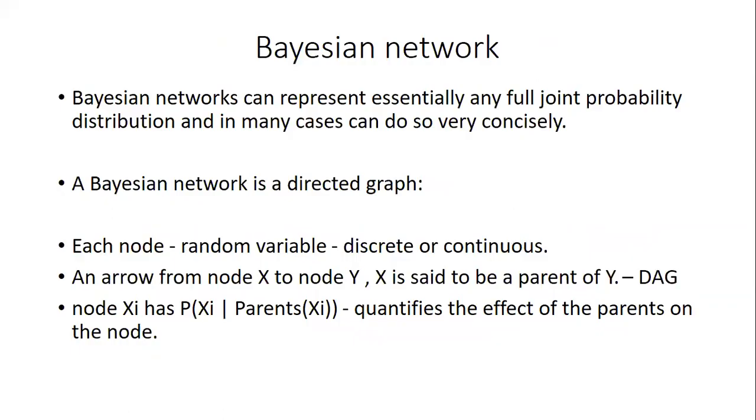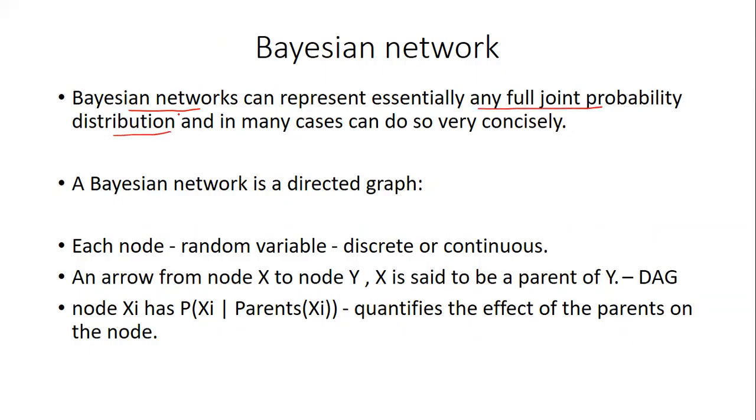Hence, to overcome these issues, that is, in a full joint distribution all the possible combinations of probabilities should be specified, we are going for the next type of network, which is called Bayesian network. The Bayesian network can essentially represent any full joint probability distribution.